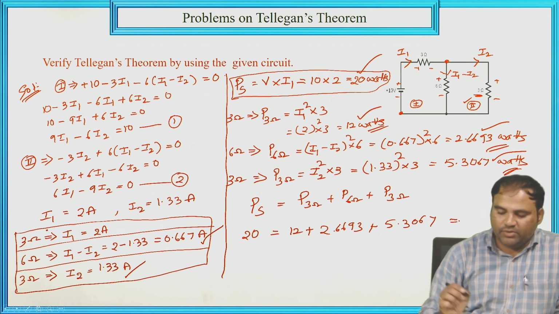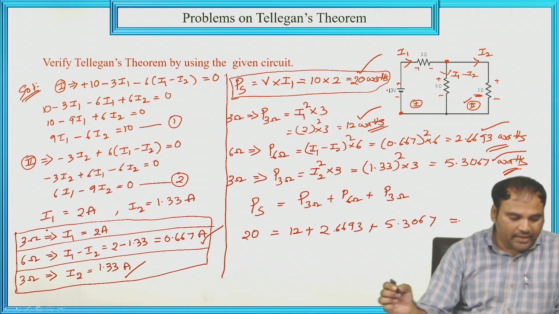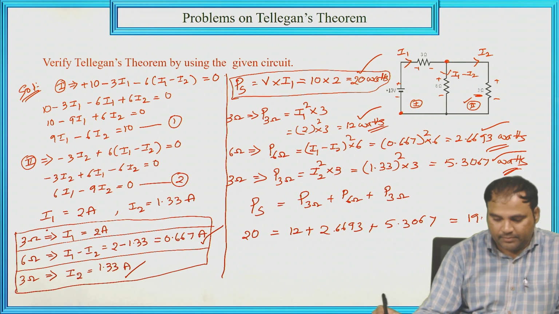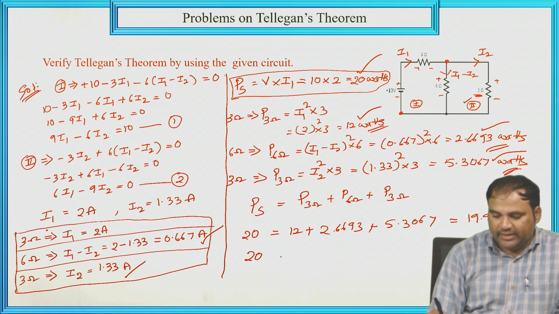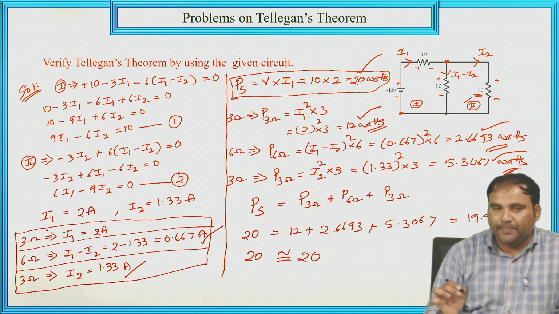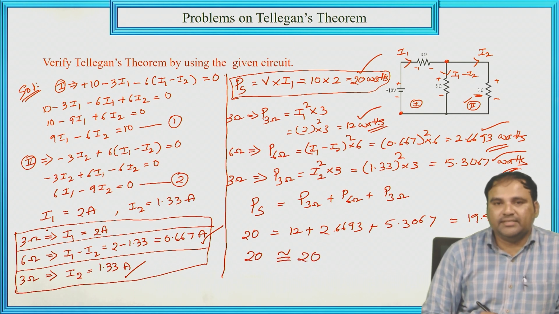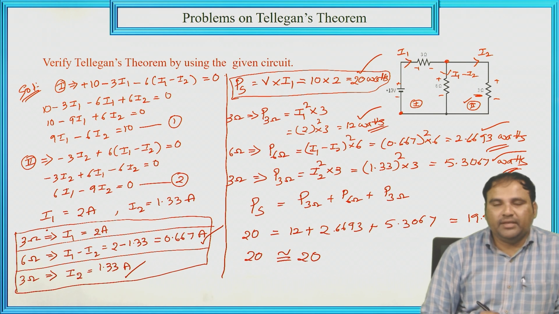That is equal to 19.976, which means 20 is almost equal to 20. So power from the source is equal to the power from the individual elements, meaning at 3 ohm plus at 6 ohm plus at 3 ohm.